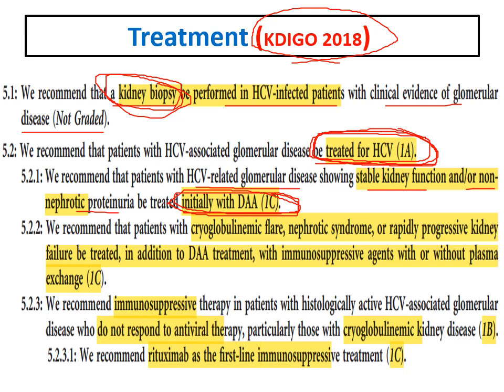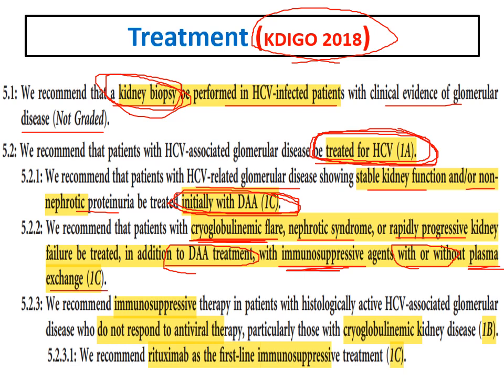But patients with a cryoglobulinemic flare, patients with HCV and cryoglobulins, or with nephrotic syndrome, or with RPGN, should be treated, in addition to the direct antiviral, with immunosuppressive agents with or without plasma exchange.